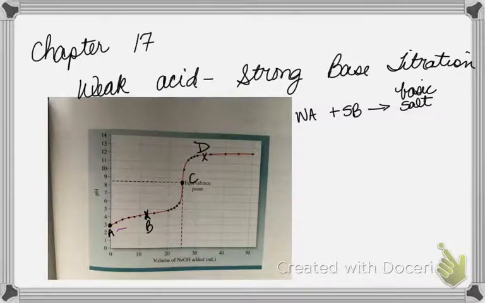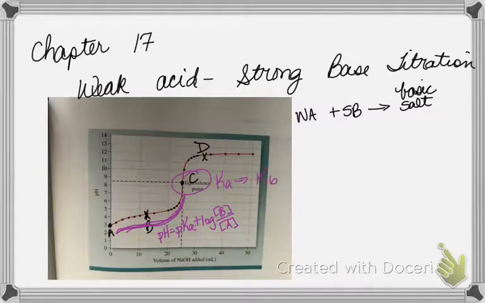Anywhere before the equivalence point, you are going to have to use the buffer equation. I'm just going to write B and A for base and acid. Always the buffer equation there. At the equivalence point of a weak acid, strong base, you've got to jump from the Ka to the Kb.